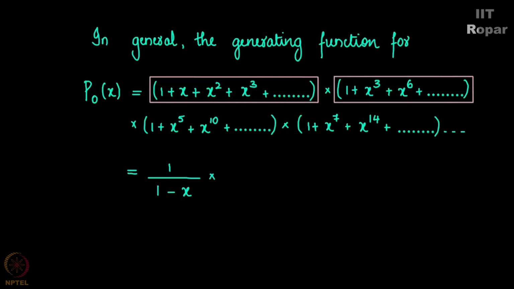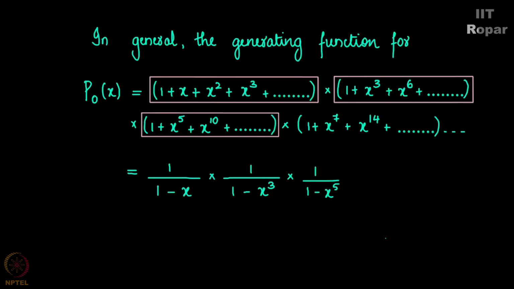And this has the closed form 1 by 1 minus x cube. This has the closed form 1 by 1 minus x to the 5, and this has the closed form 1 by 1 minus x to the 7, and so on. The further terms would be 1 by 1 minus x to the 9, 1 by 1 minus x to the 11, and so on. What do you observe?